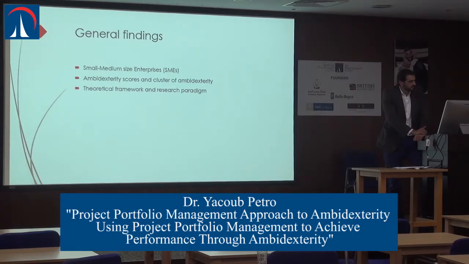I started wondering why only small to medium enterprises, why not the large ones, for example. For small and medium enterprises, I think the maximum employee count would be 70 or 100, probably slightly more than 100, that's it. When we talk about large organizations, we're talking 300, 500, even above 1,000. I don't think, and that was one of the conclusions, that large organizations really worry about ambidexterity.